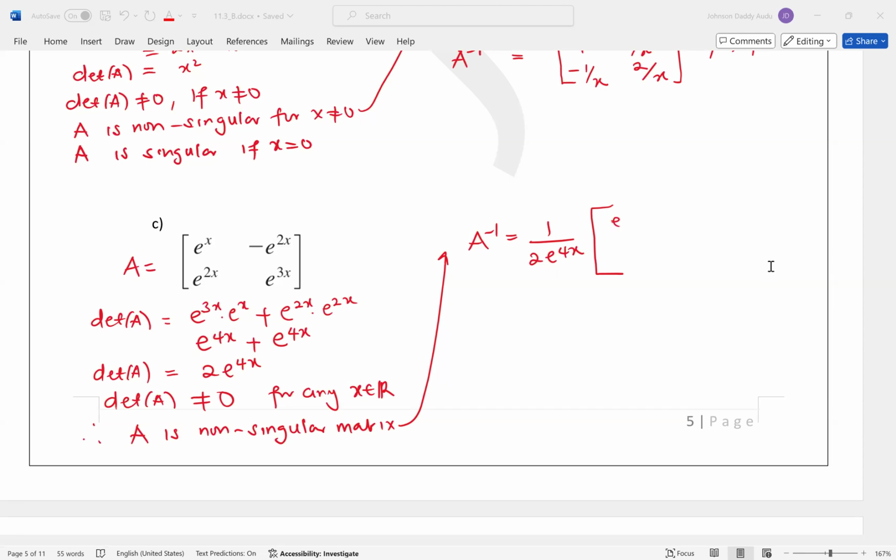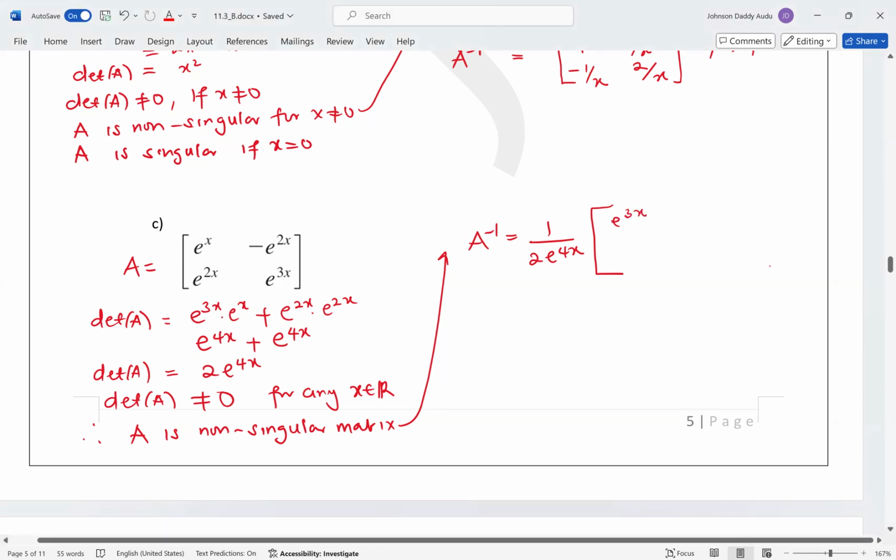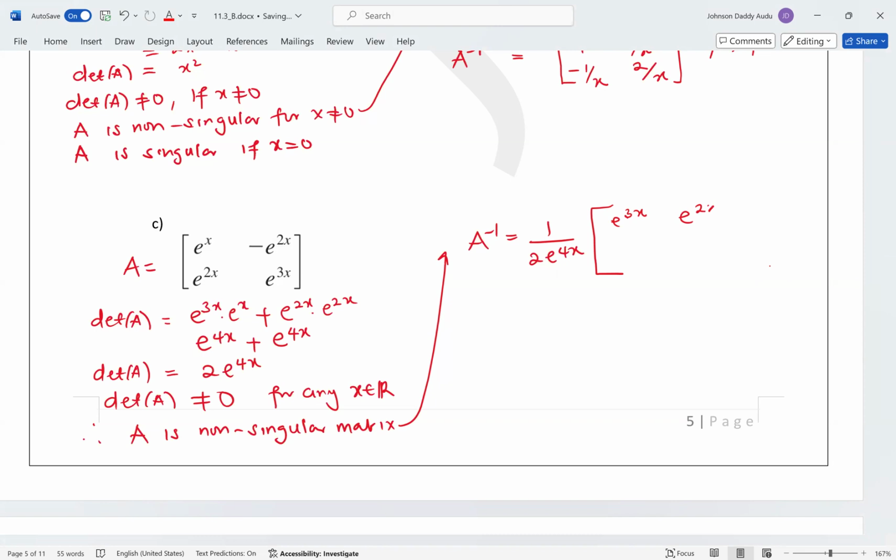This is going to be e to the power 3x, and this is going to be e^2x to be minus, and this will be e^x. So it means A inverse is, now we can take this inside.